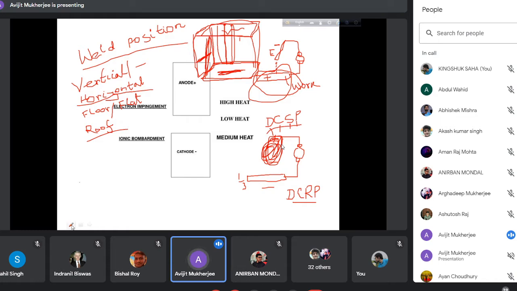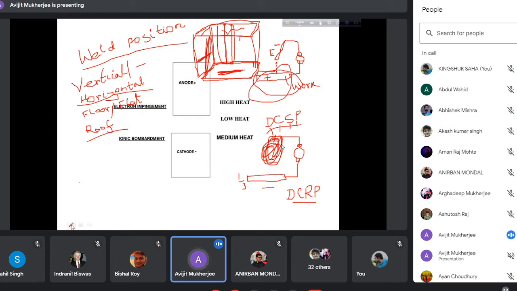I don't know whether you are familiar with an AC transformer. Have you visited the laboratory after opening the welding lab? No, sir. So the AC transformer is a trolley type.